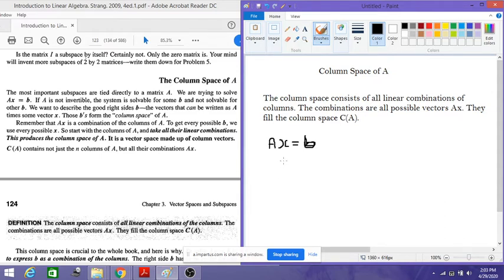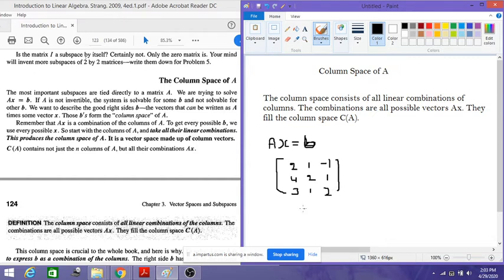For example, let us take a simple matrix: 2, 1, minus 1 in the first row, 4, 2, then 1 in the second row, and 3, 1, 2 in the third row.